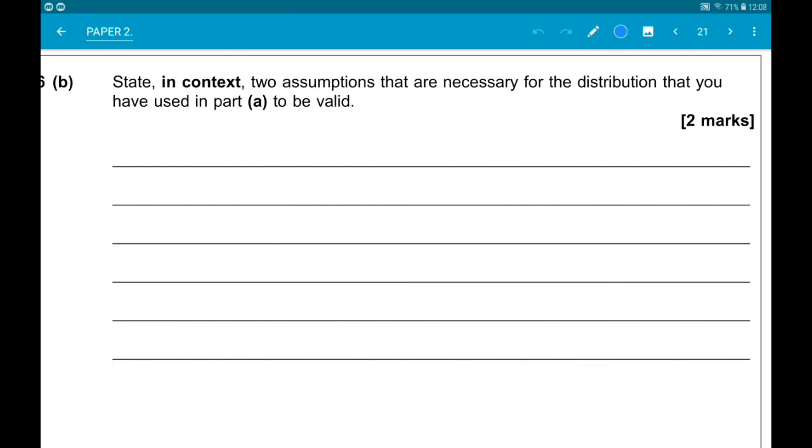So, in context, we would want to say the probability that one charger is faulty is independent of any other charger. That's one thing. And the other would be, we've also assumed the probability of a charger being faulty is fixed at 0.12.